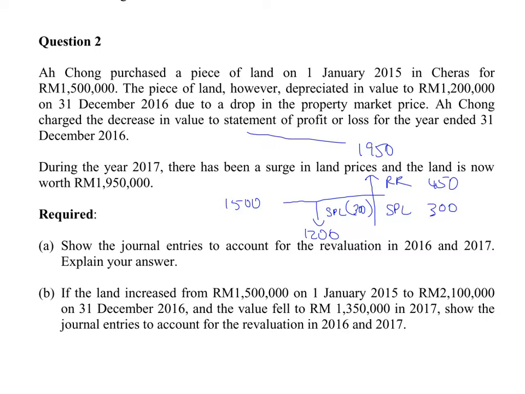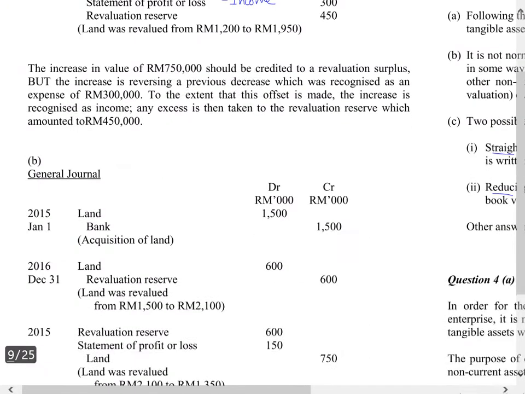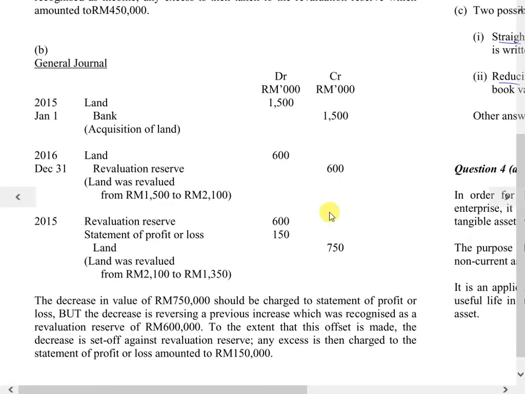So reversal of your RR 600. The 150 goes to SPL expenses. Done. Okay, answer. Up, go to RR 600. Down 750. 600 income, no expenses. The balance goes to P&L.